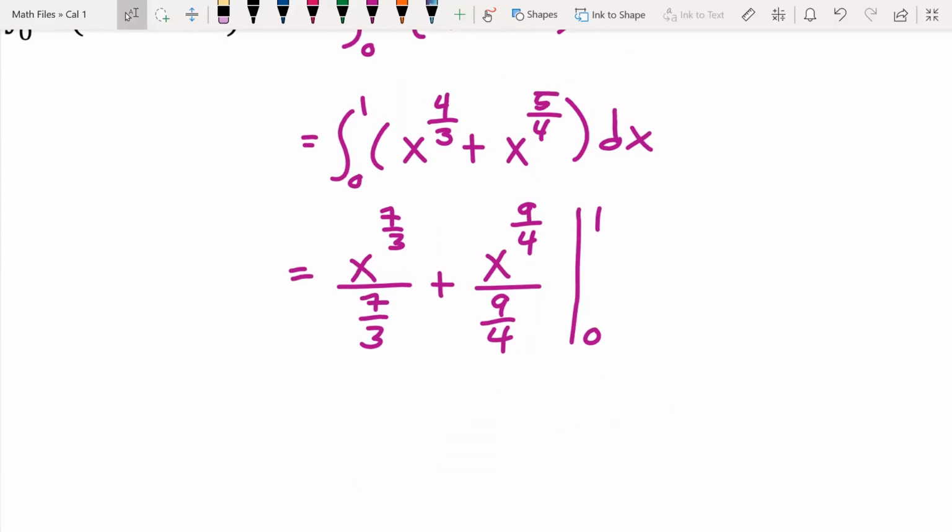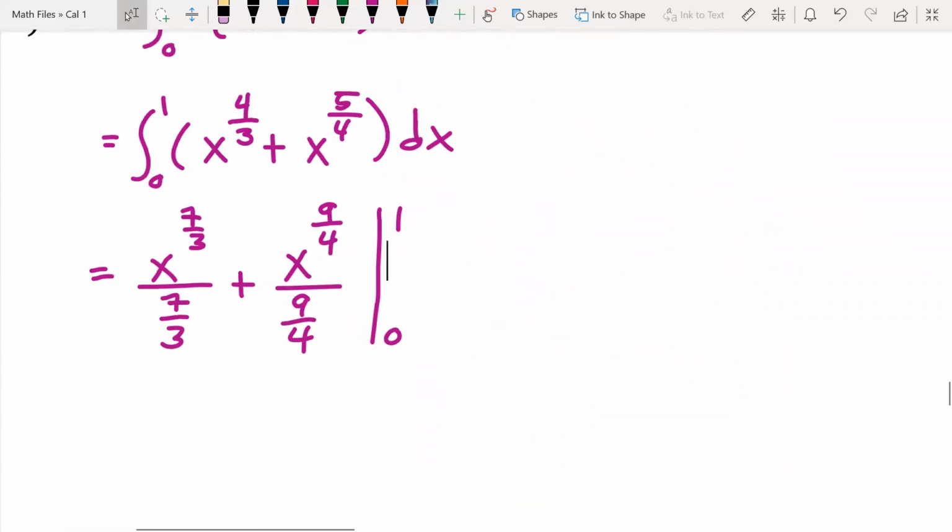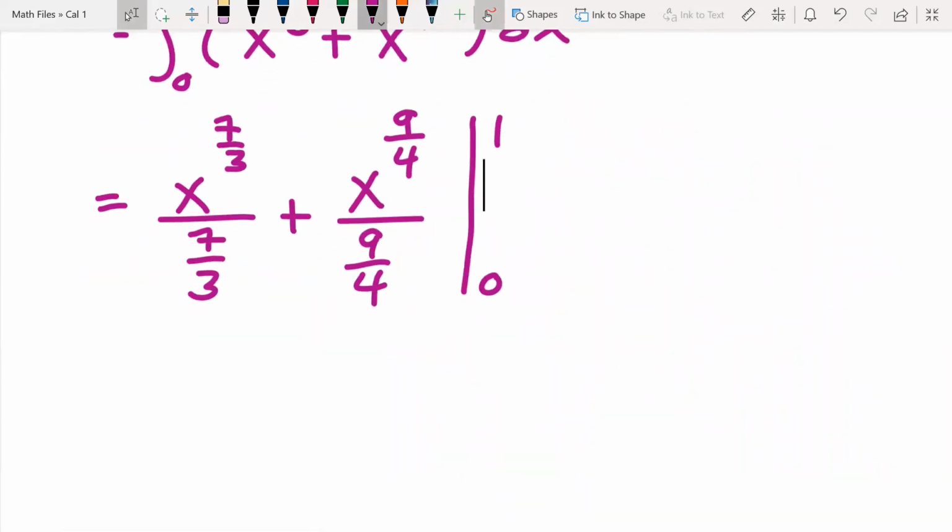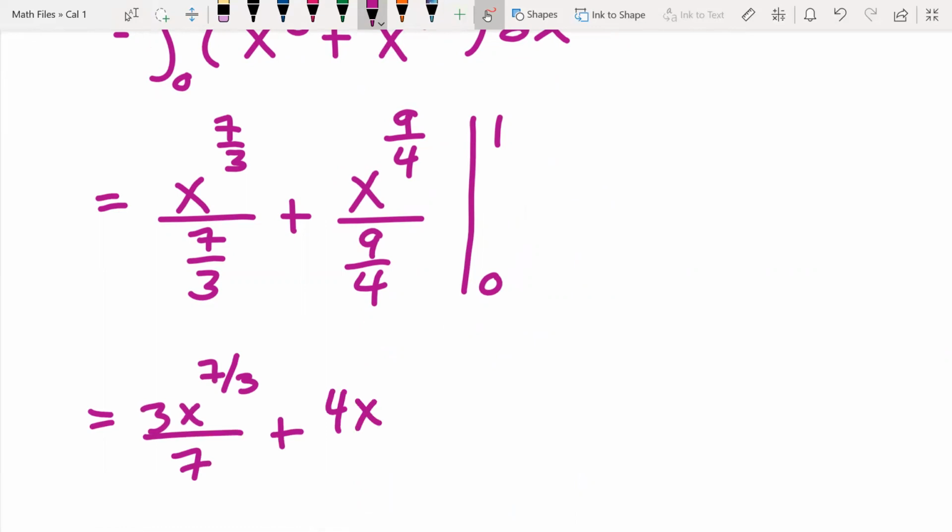Okay. And now flip both fractions and we get 3x to the 7/3 over 7 plus 4x to the 9/4 over 9 evaluated from 0 to 1.